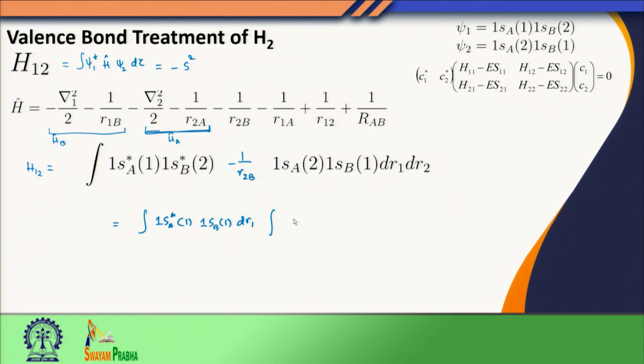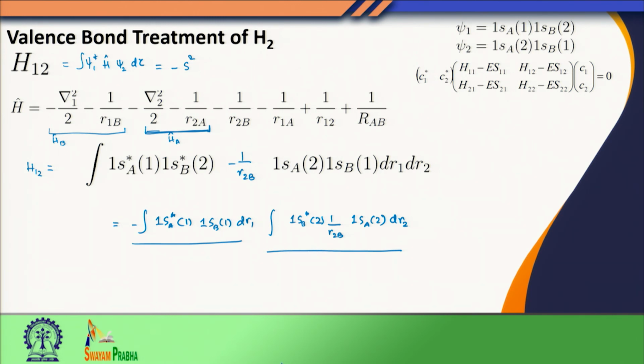Since the operator depends on electron number 2, now when I look at this term, this kind of term I have already seen, but let us focus on the second term.